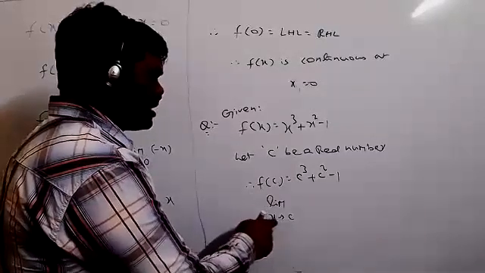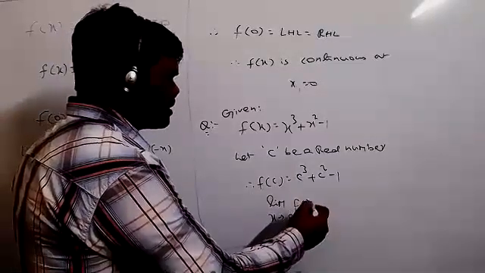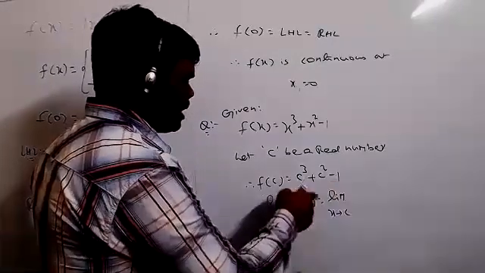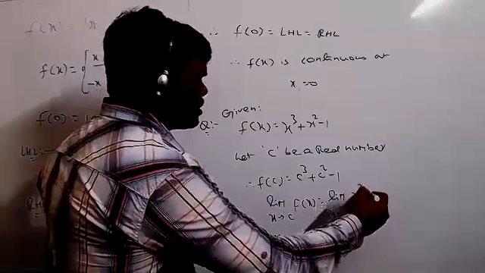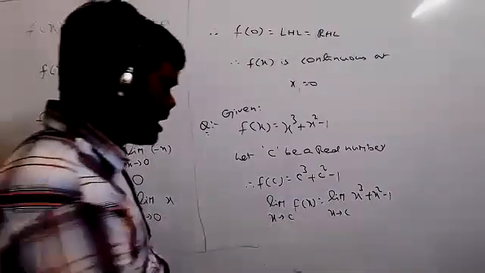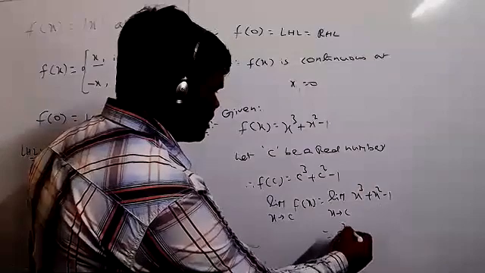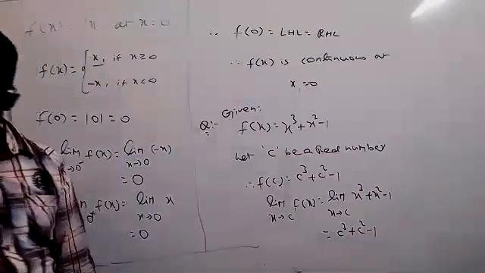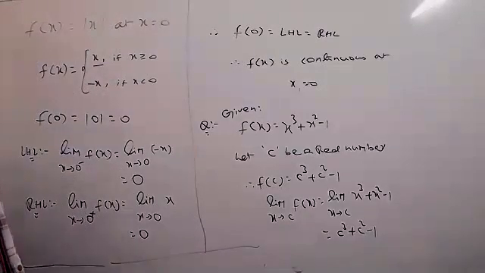So limit x tends to c, f of x equals how much? This is the value x cube plus x square minus 1. So x equals c can be substituted in there. So this is clearly c cube plus c square minus 1. So both the values are equal. The two values are equal.